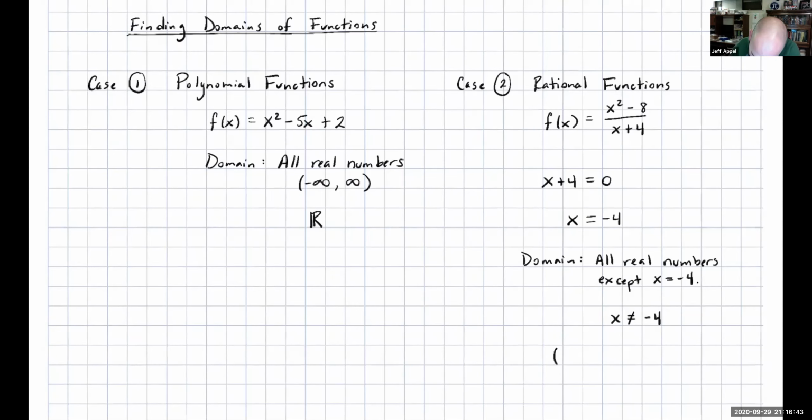You would go from -infinity to -4, and you'd put a parenthesis on the -4 because we're not including that. And then you would pick this up again at -4 and head off to infinity.